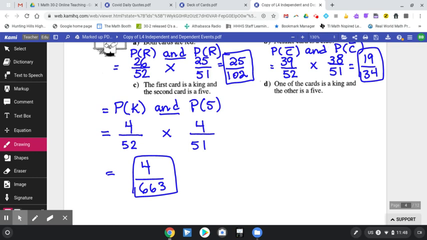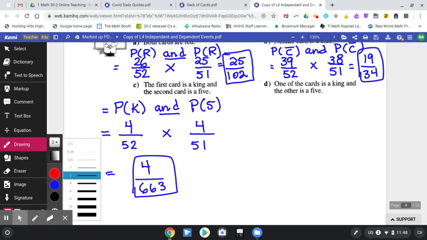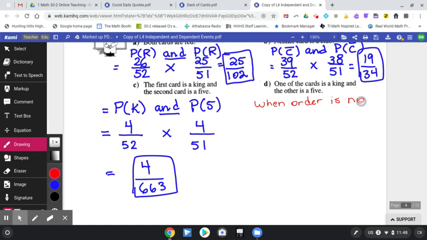So let's just give ourselves a little note for this type of question. When order is not specified, include all possible orders.